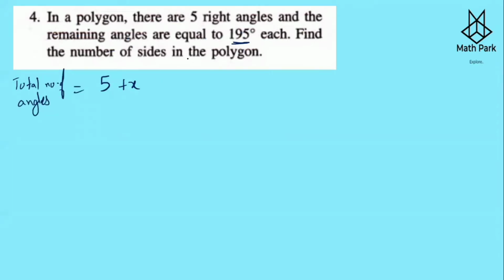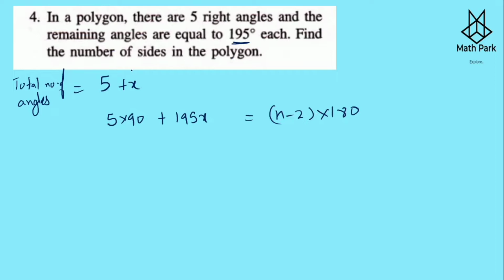Okay. Now we know that the sum of the angles of a polygon is n minus 2 times 180 degrees. And there are how many such angles? There are 5 right angles, that is 5 times 90. And there are x angles of 195 degrees each, so it is 195x. Let us put n as the number of sides.